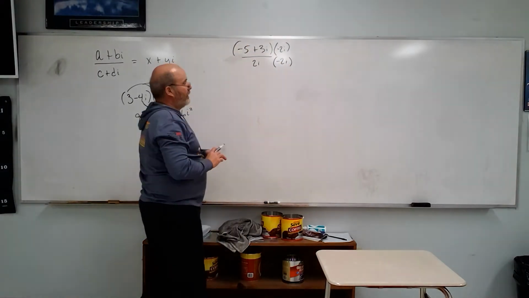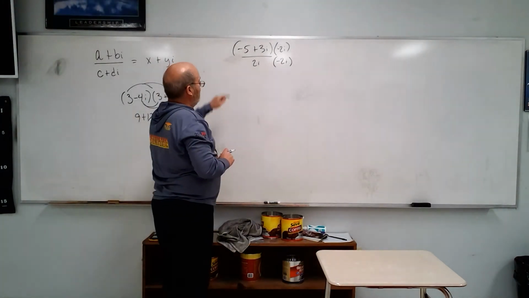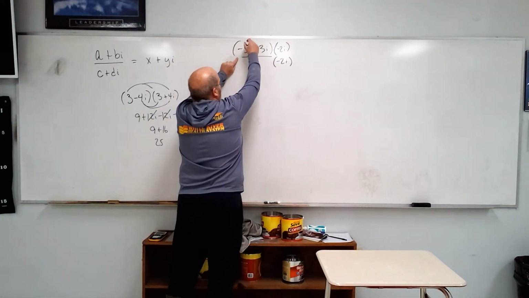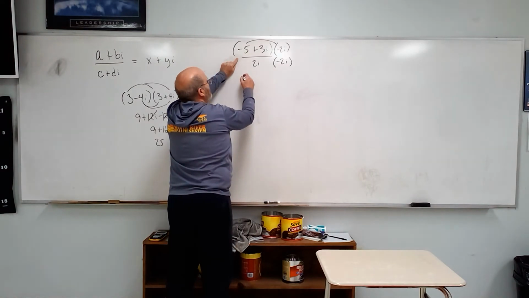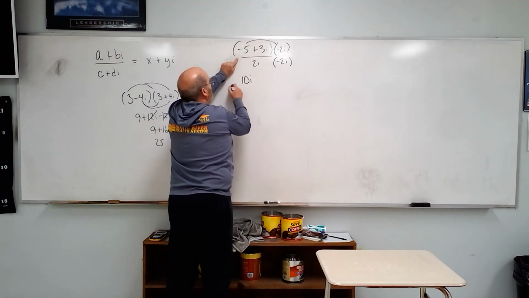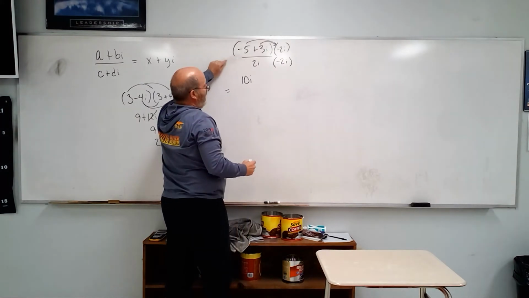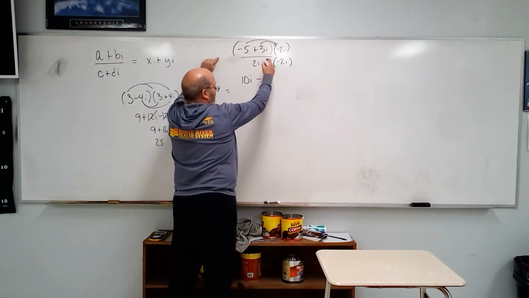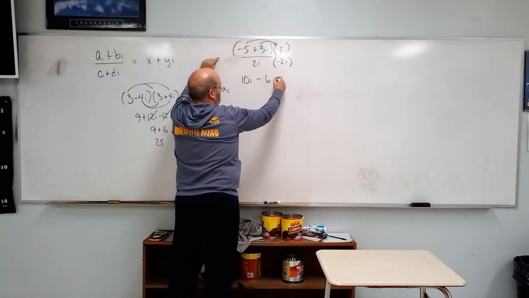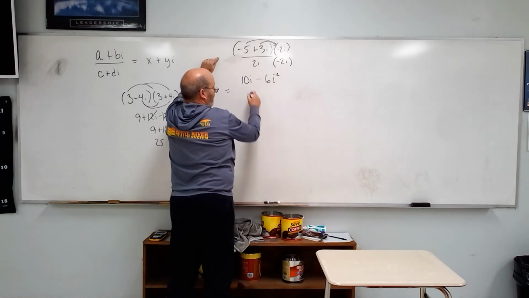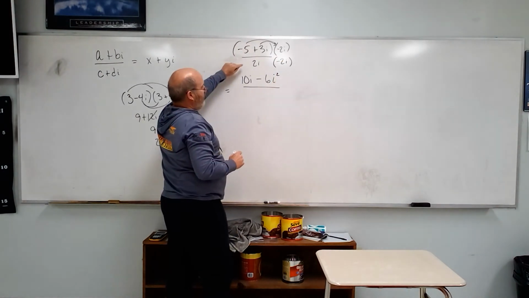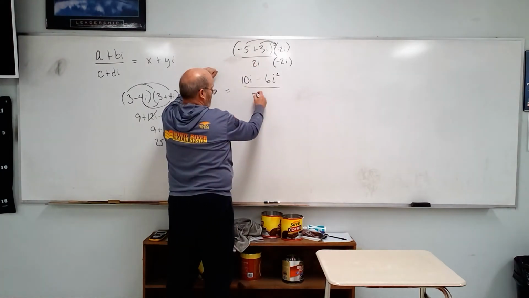This one's a little easier because we don't have a lot to distribute in the denominator. In the numerator, I multiply the negative 5 times negative 2i to get positive 10i. And I multiply 3i times negative 2i. Positive times negative makes a negative. 3 times 2 makes 6. i times i makes i squared. When I multiply the denominators, it's just 2 times negative 2.